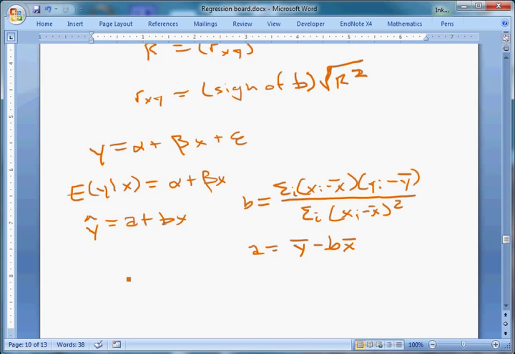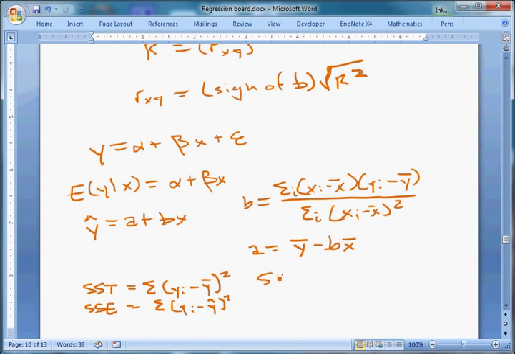We learned about the total sum of squares, right, which is the sum of yi minus y bar squared. We learned about the sum of squares due to error, which is the sum of yi minus y hat squared.